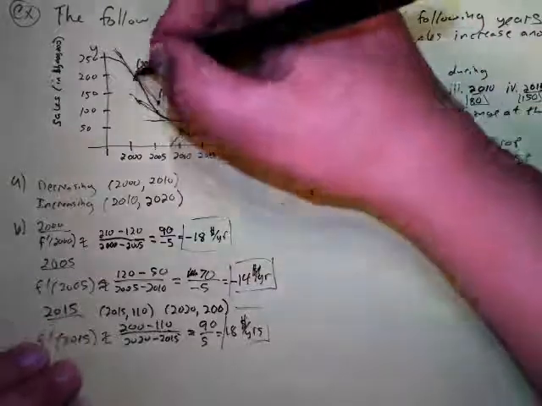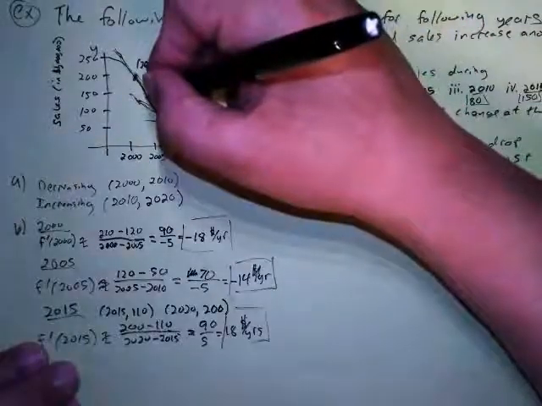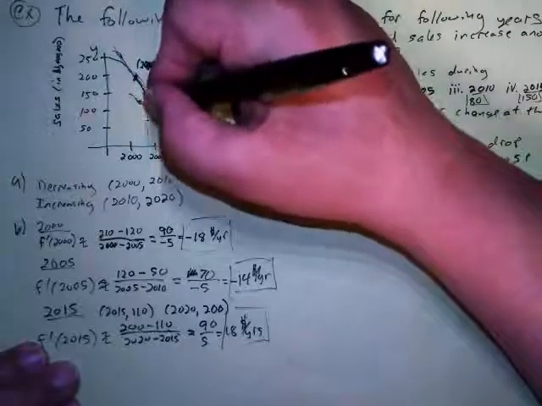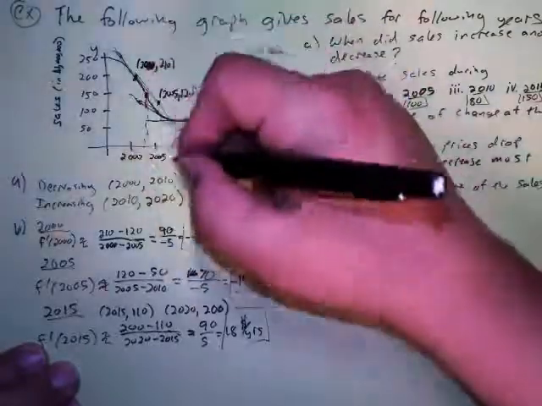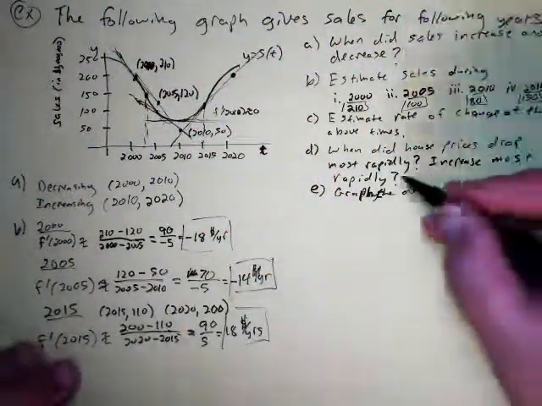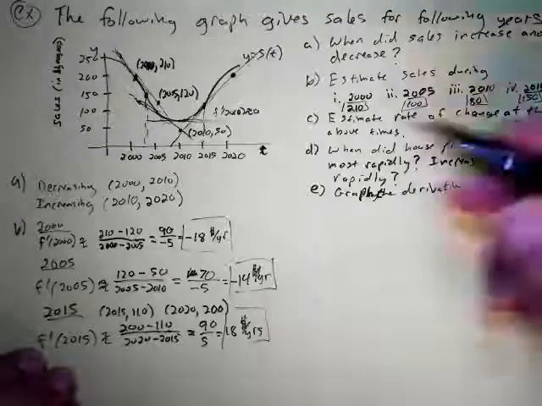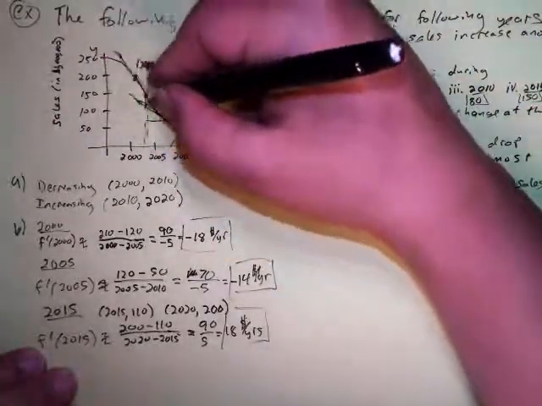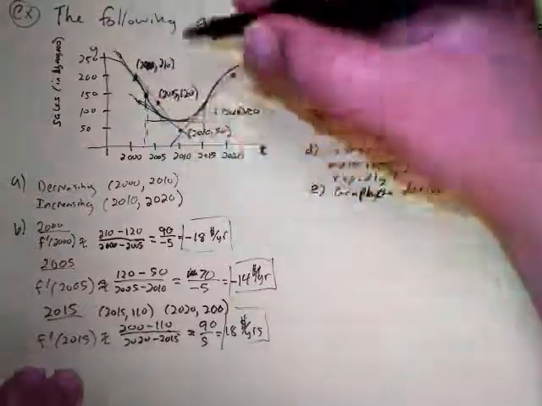So that's the inflection point. There's some point here where it's the steepest, somewhere between 2000 and 2005, I think. That is an inflection point for when it dropped the most rapidly. And it's where the graph changes from concave down to concave up.